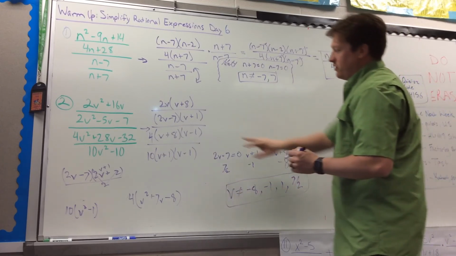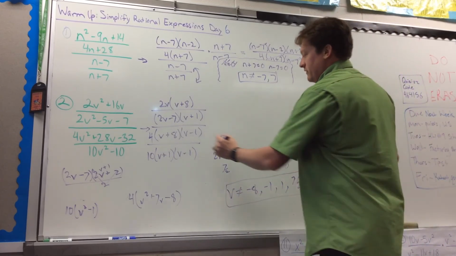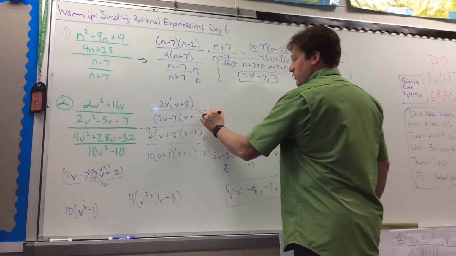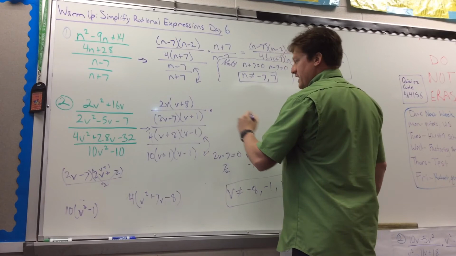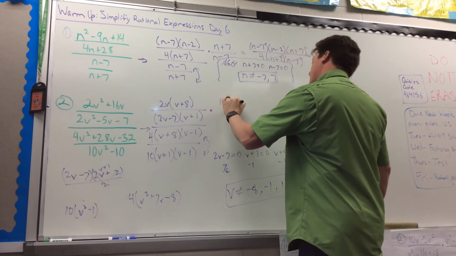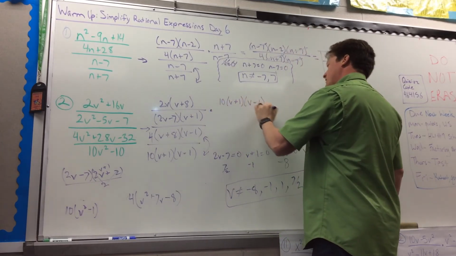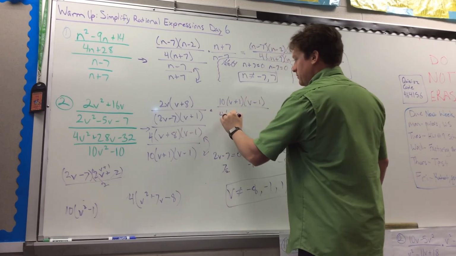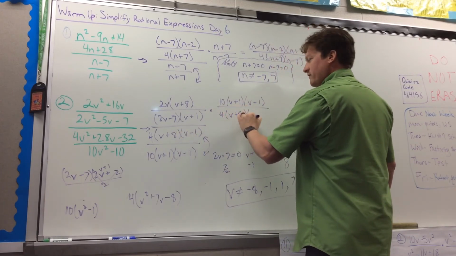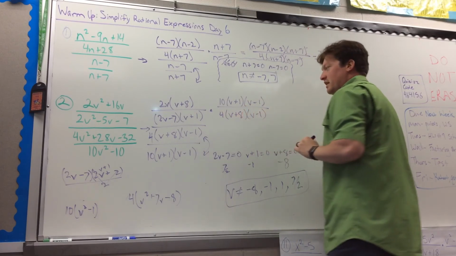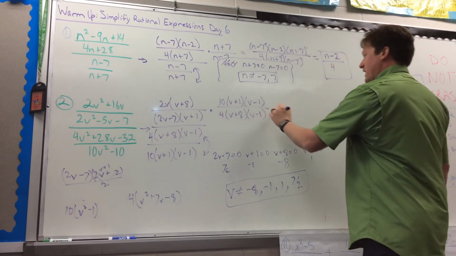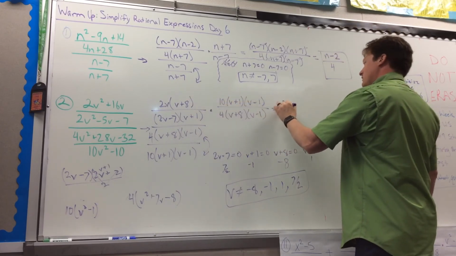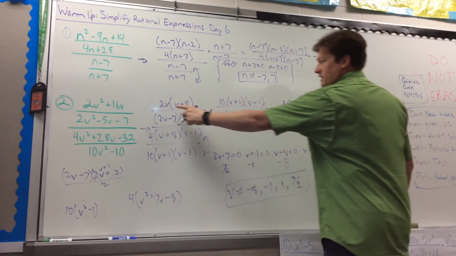Once it's in factored form, I'm going to take this one, bring it up, and rewrite it as a multiplication. So here I've got 10, v plus 1, v minus 1. Underneath that, I've got 4, v plus 8, v minus 1. I'm going to rewrite it with all the factors written out. So 10 times 2, that's 20. v is out already.